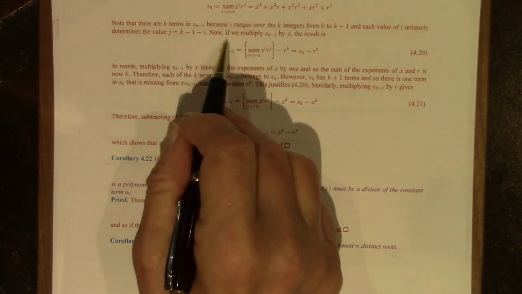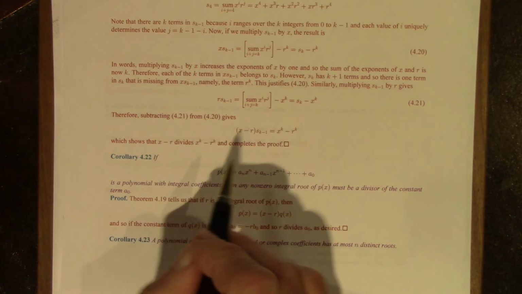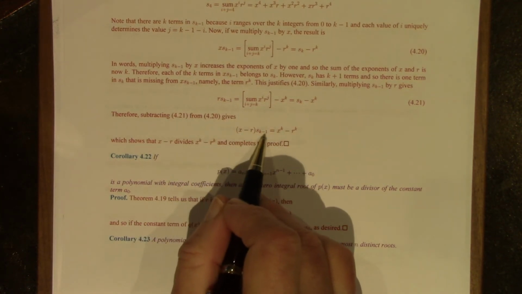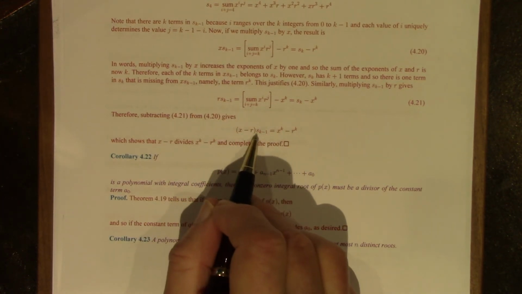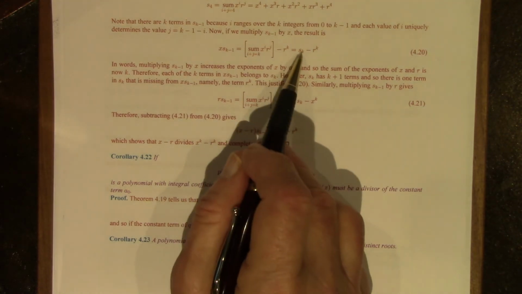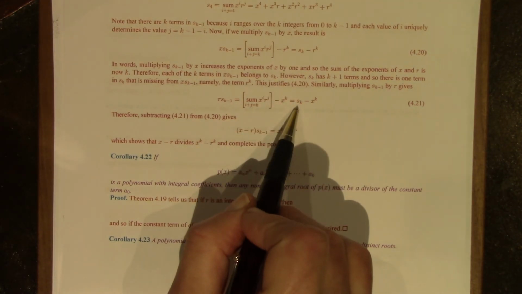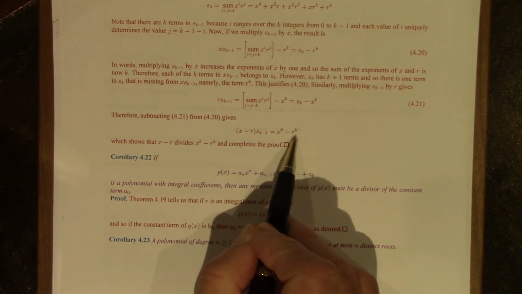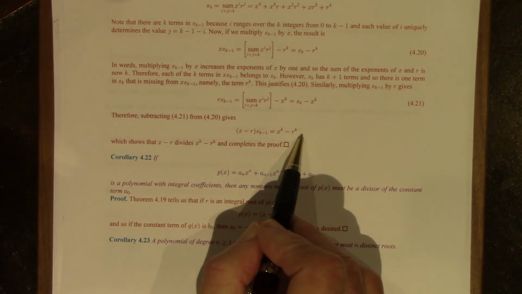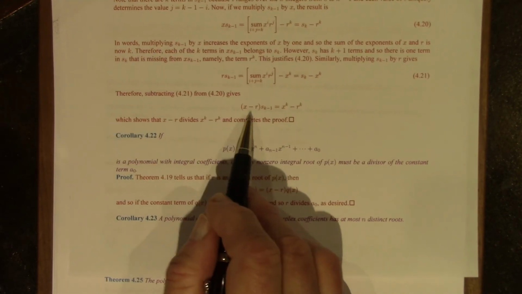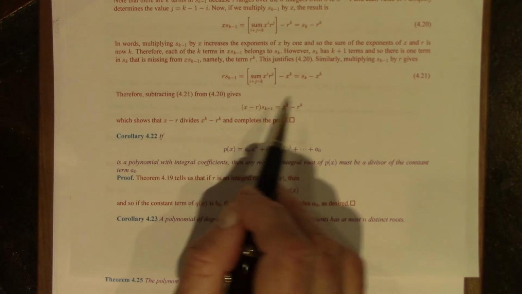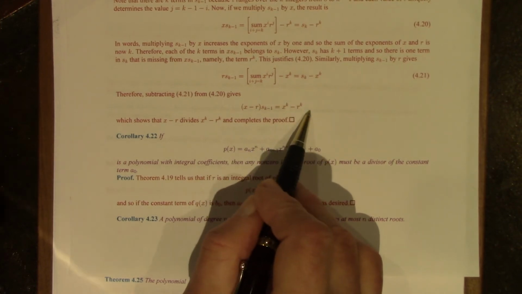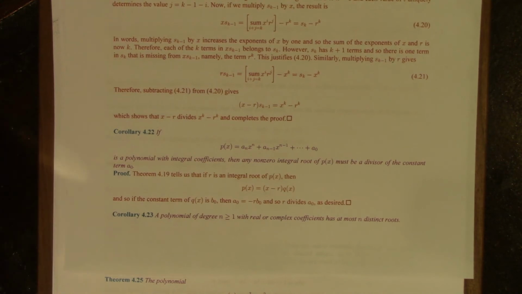If you subtract this one from this one, x s_{k-1} minus r s_{k-1}, the s_k's cancel, and you get x to the k minus r to the k. And so x minus r divides x to the k minus r to the k. And the proof is complete.